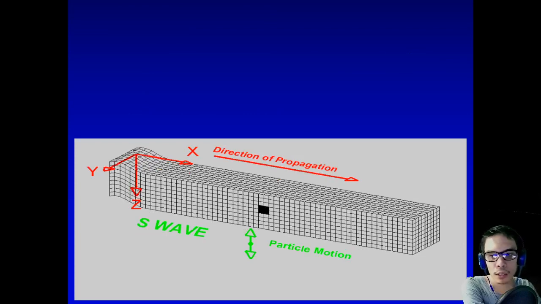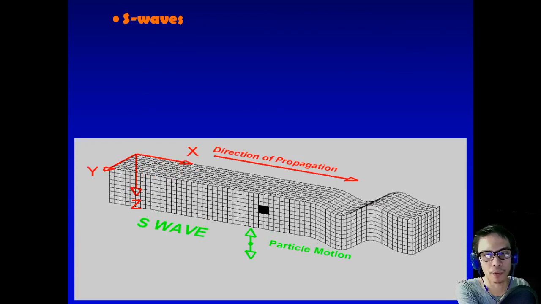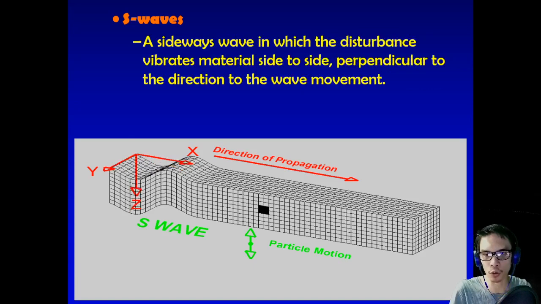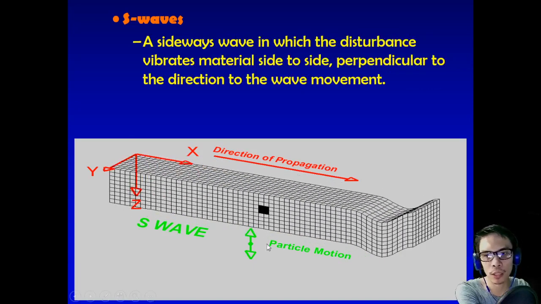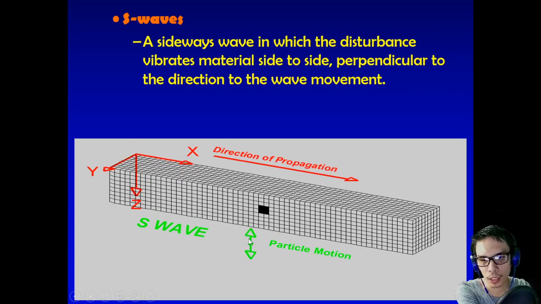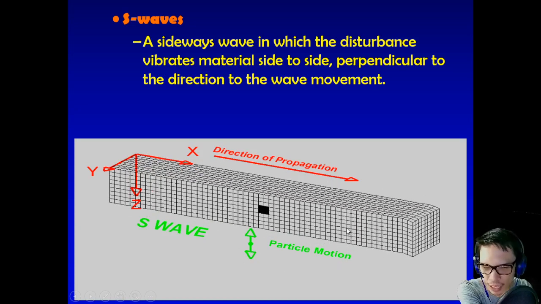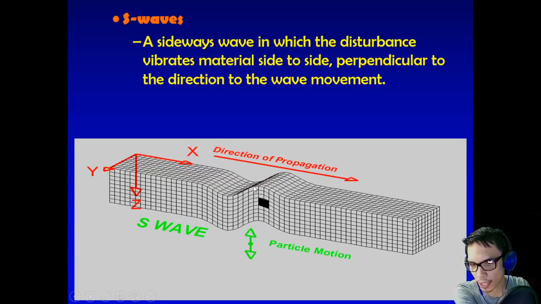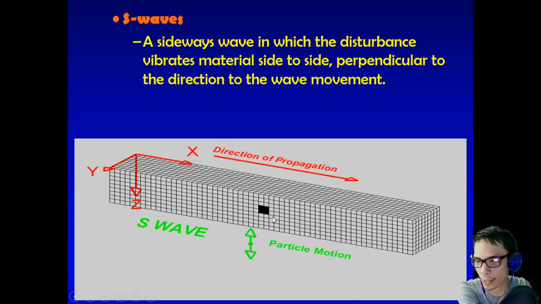The next type of body wave is called the S wave. An S wave is a type of wave that goes side to side, where the movement of the wave is perpendicular to the direction of motion. As you can see here, it goes up and down, so the rock material jolts up and down.